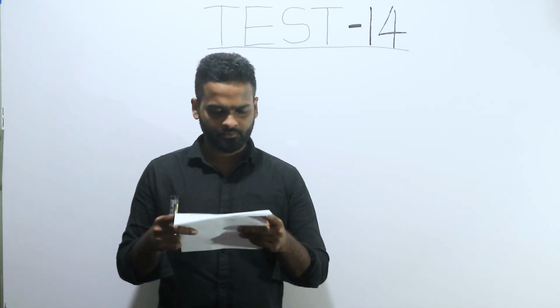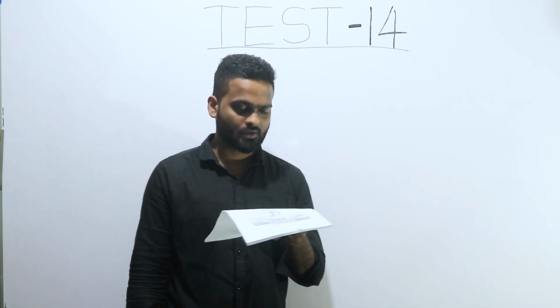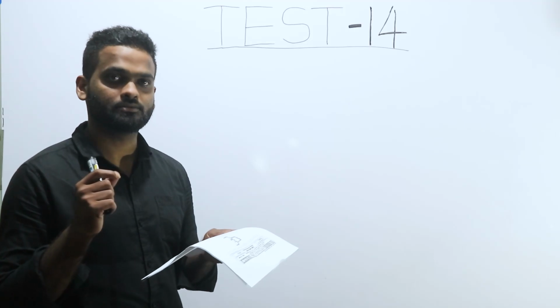Second question. When a balloon moves with velocity 12 meters per second, a stone is released from it at a height of 65 meters. The time required for the stone to reach the ground is. Okay, so there's this balloon.